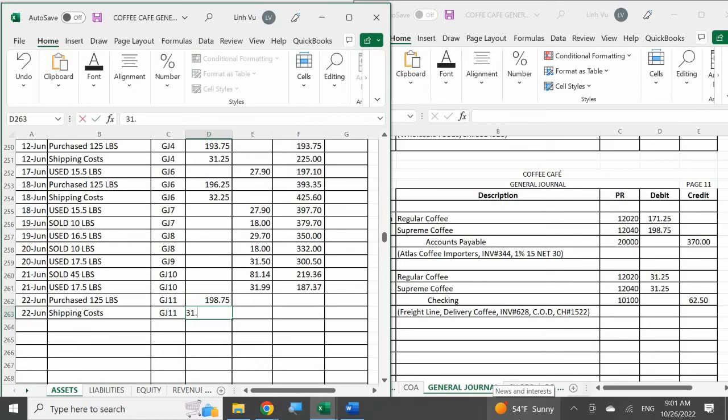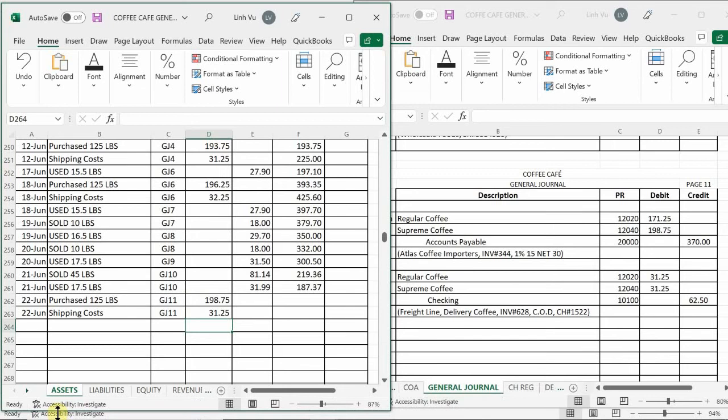Shipping. Okay, that's 230 added to the 187.37. It'd be 417.37. Good.